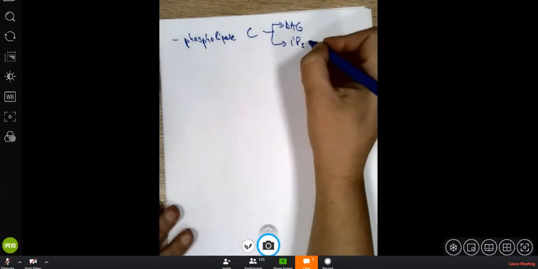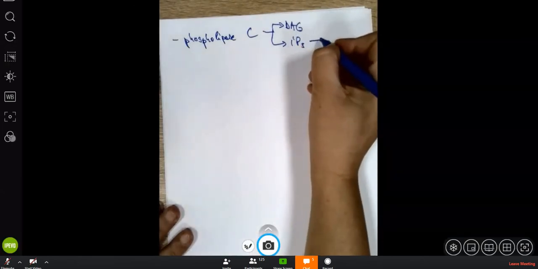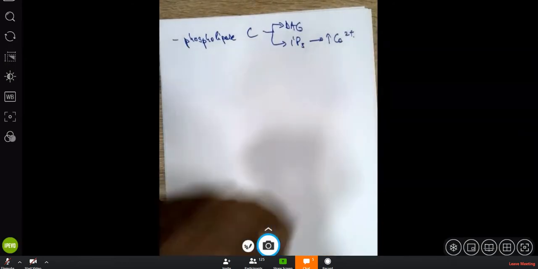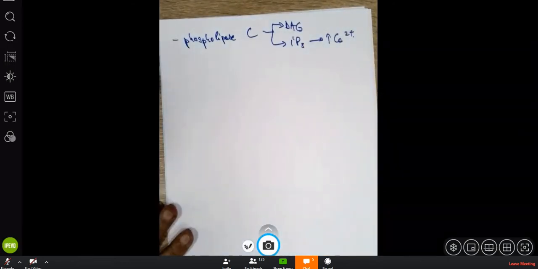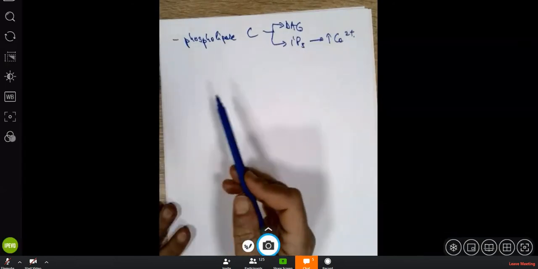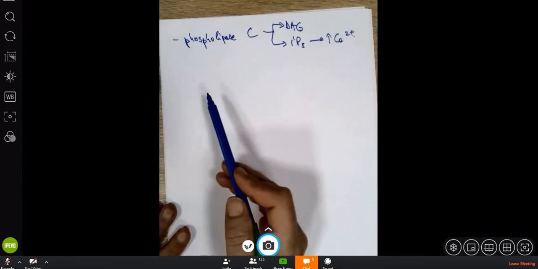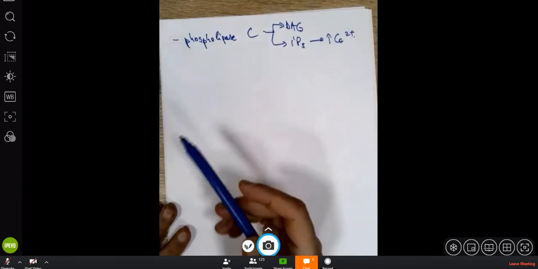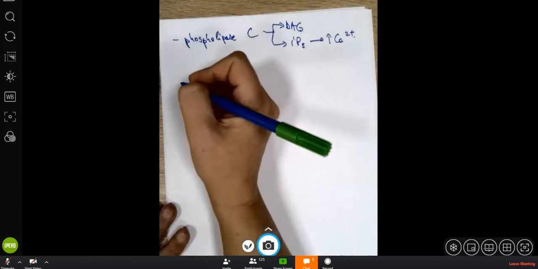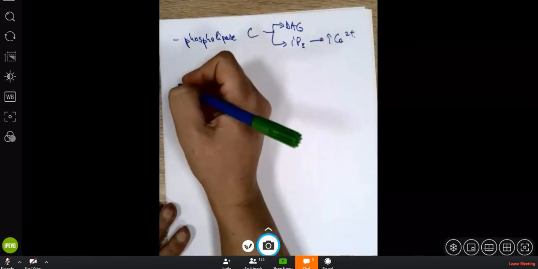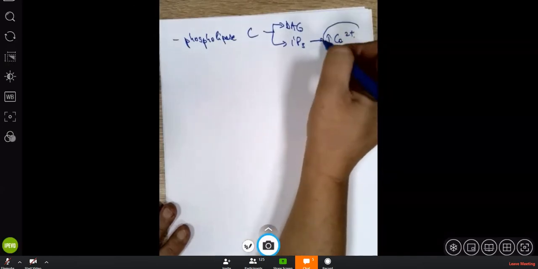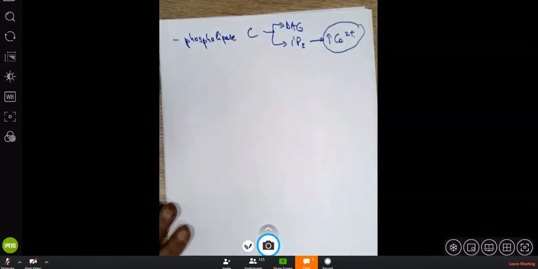And IP3 is increasing calcium intracellular concentration. So, muscle glycogenolysis is going to be stimulated by adrenaline and noradrenaline in two ways: by activating protein kinase A and also by increasing calcium intracellular concentration.